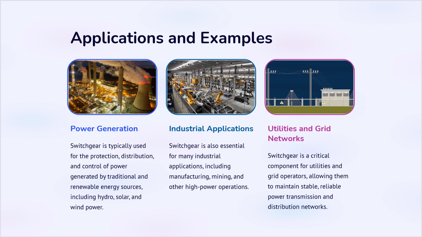Switchgear is essential for many industrial applications in manufacturing, mining, and other high power operations. Where there are high power operations, we need switchgear. In utilities and grids, we use switchgear too. Switchgear is a critical component for utility and grid operation, allowing them to maintain stable and reliable power transmission and distribution networks.